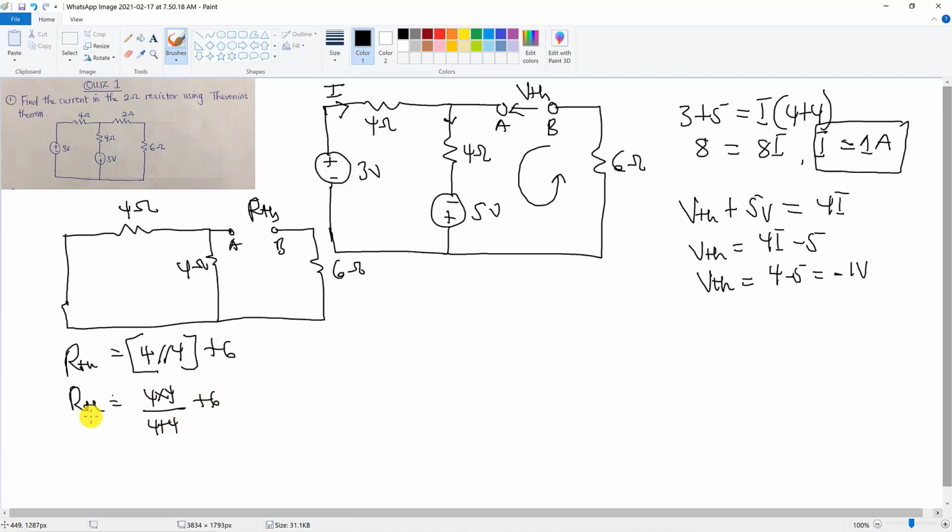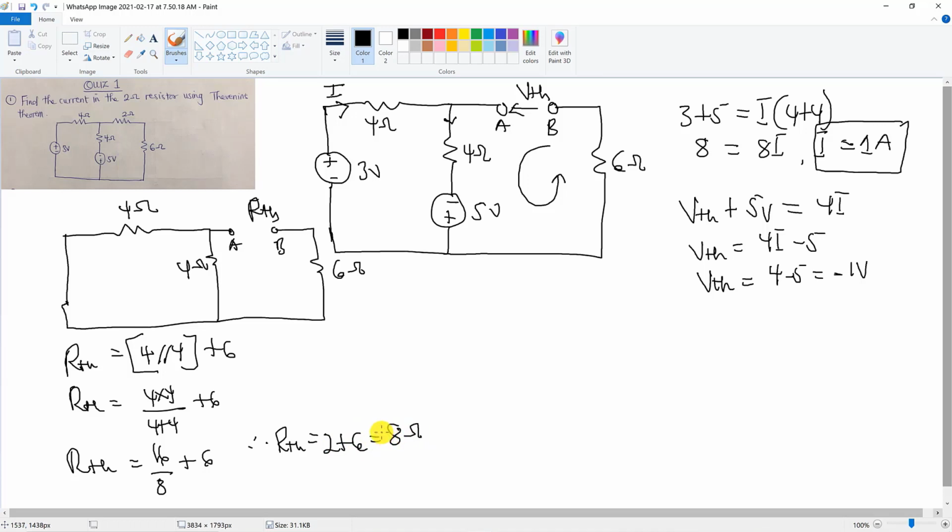This is again equal to 16 over 8 plus 6. Therefore, our RTH is equal to 2 plus 6 equals 8 ohms.